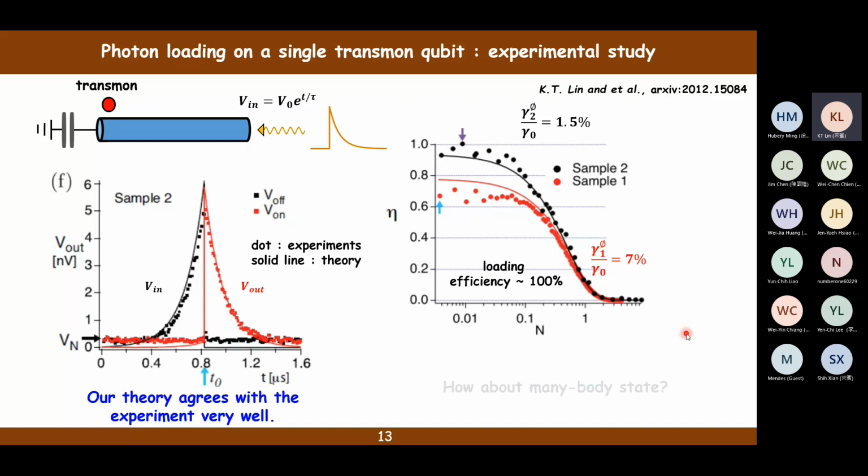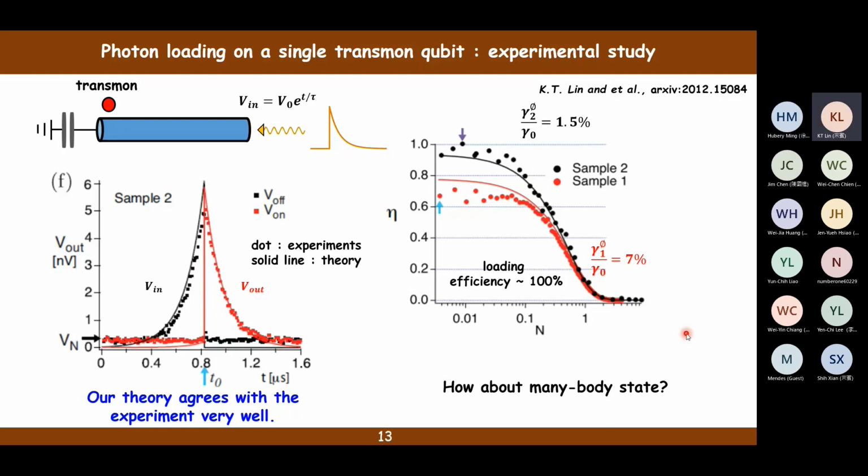Well, I'm trying to study how to efficiently load the photon on the transmon. This means that we are trying to study what kind of temporal profile of the input pulse can be totally absorbed by the transmon. Okay, so the total absorption by designing the input shape of the pulse. Yeah. Okay, I see. Thank you.